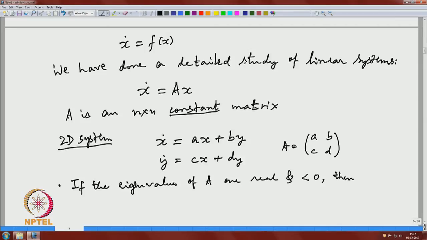When the determinant is not 0, 0 is the only equilibrium point. So, in case we are assuming eigenvalues are both negative, so they are non-zero, A is a non-singular matrix, 0 is the only equilibrium point and 0 is asymptotically stable.